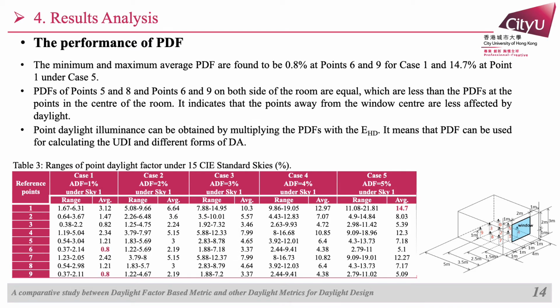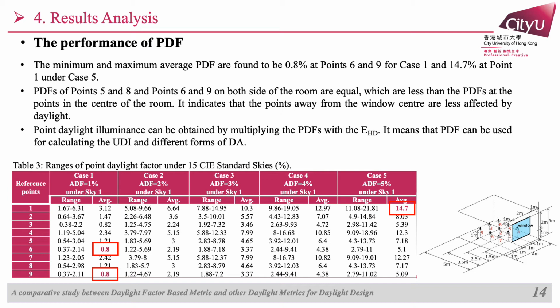Similarly, the ranges of point daylight factor under 15 skies are shown in this table. The minimum average point daylight factor is found to be 0.8% at 0.6 and 9 for case 1, and the maximum average point daylight factor is 14.7% at 0.1 under case 5.